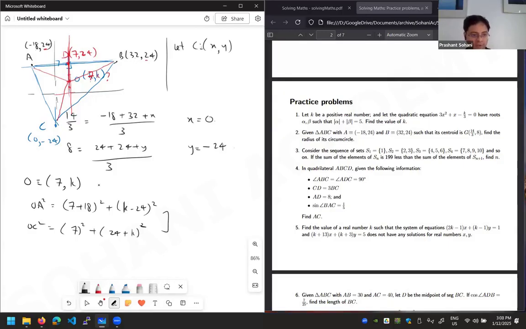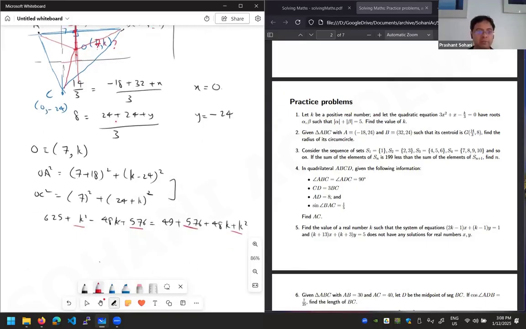So if I expand this, I'm going to get 18 plus 7, that is 25 square, is equal to 49 plus... okay, you see many things are going to cancel because this k square is going to go away. Even this 576 is going to go away.